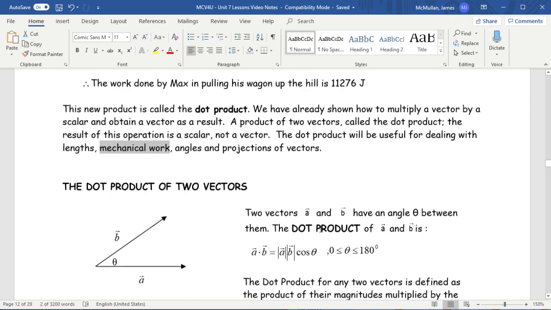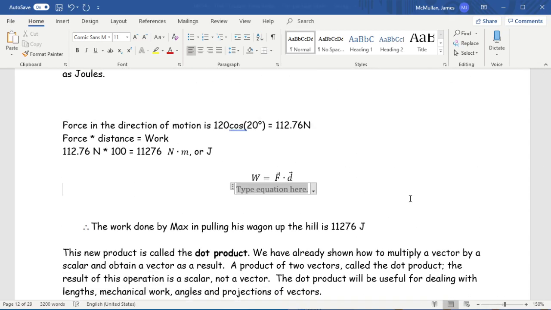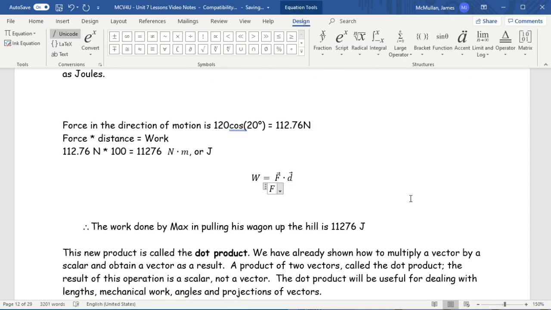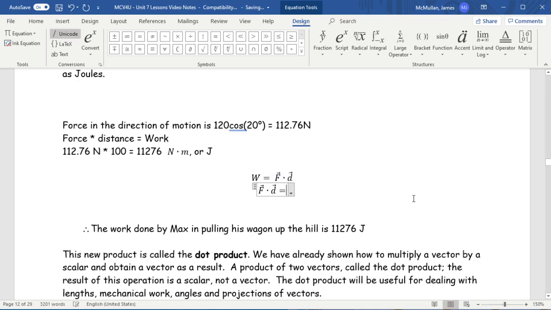Now where does the dot product come from? Let's type it out again. So F dot D, how did we actually solve the work? F dot D was the magnitude of F multiplied by the magnitude of D times the cosine of the angle in between the two vectors, right?